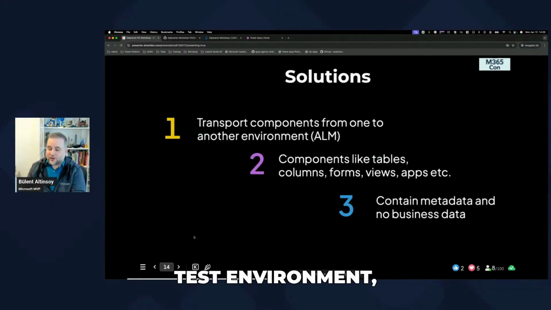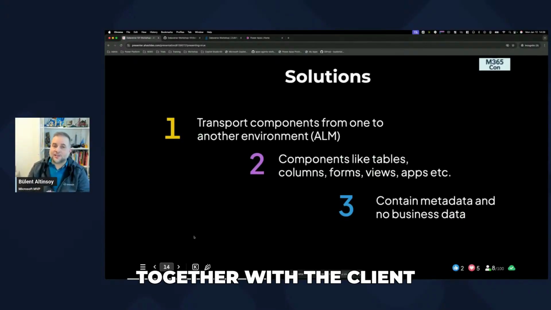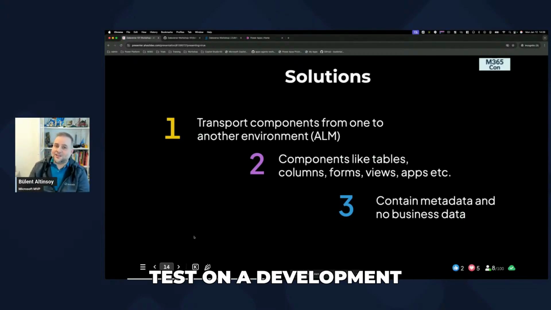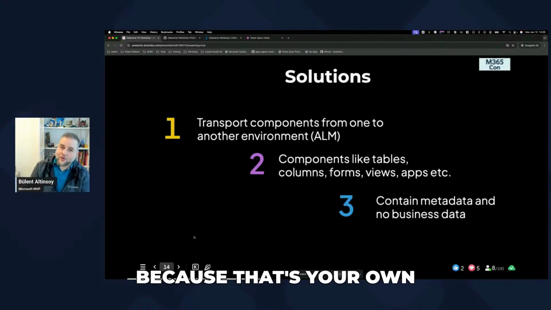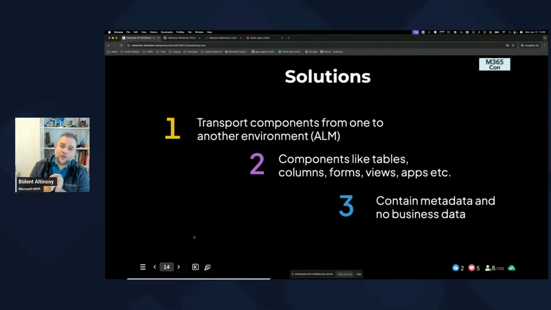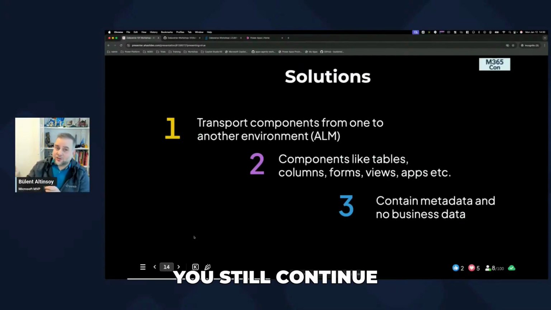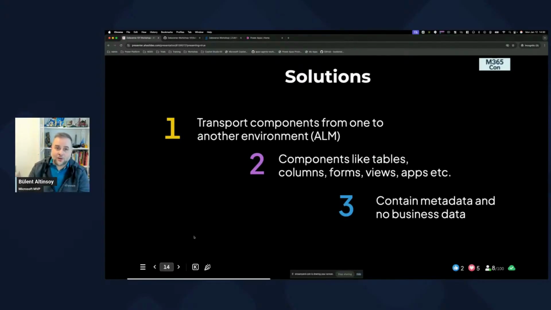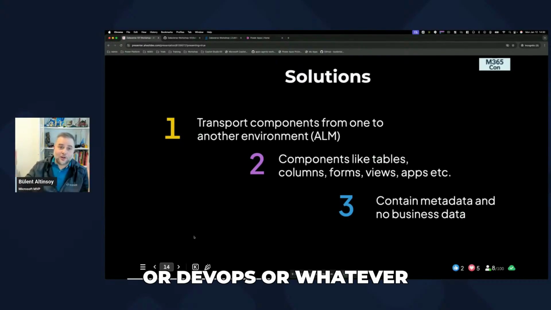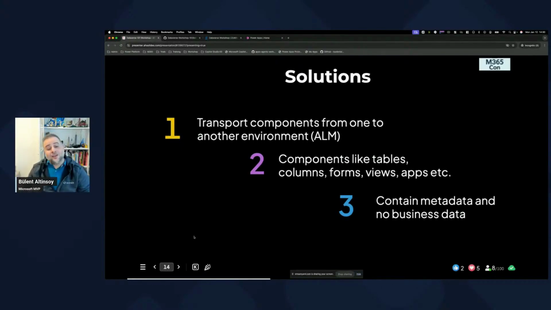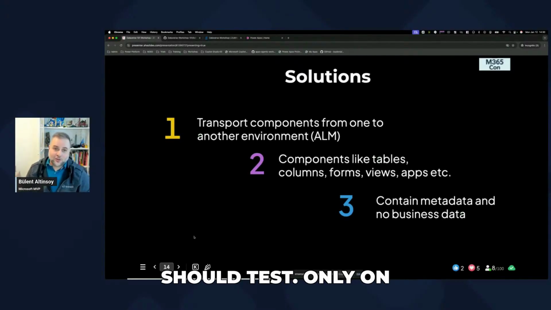In a test environment, you test together with the client, because a client can't test on a development environment. That's your own environment, and while the client is testing, you never know when the client has time to test. You still continue with the workload from Jira or Confluence or DevOps or whatever you're using, your backlog. So on dev, no one should test, only on test.